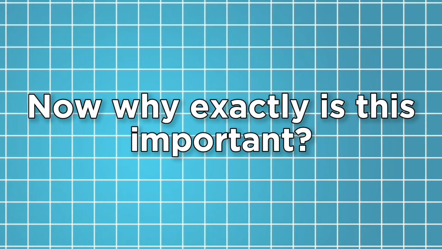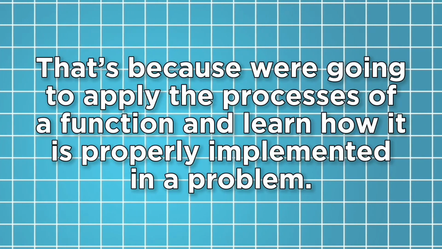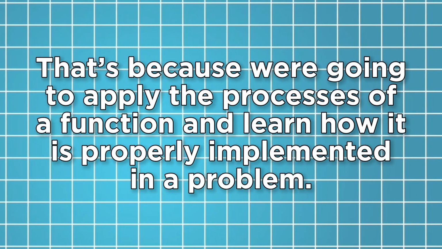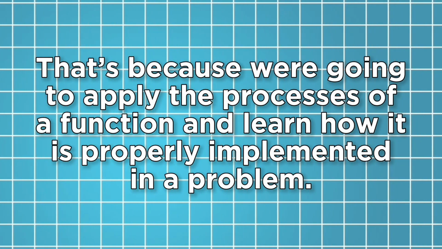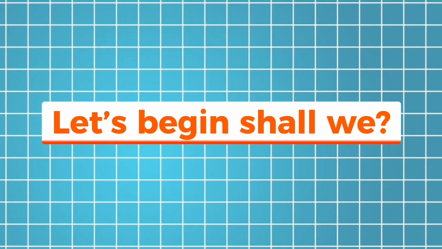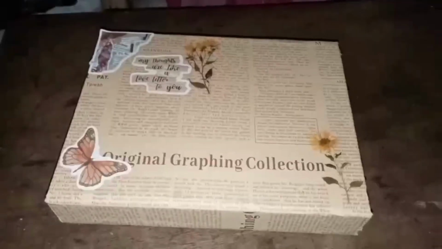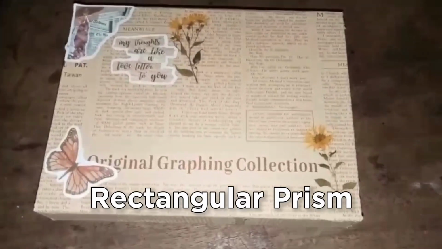Now, why exactly is this important? That's because we're going to apply the processes of a function and learn how it is properly implemented in a problem. Let's begin, shall we? To start with, our gift box's shape and structure is that of a rectangular prism.